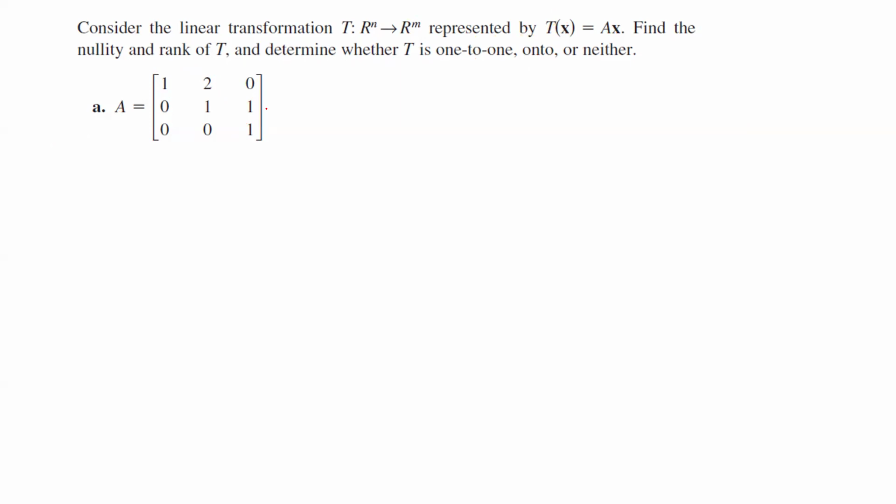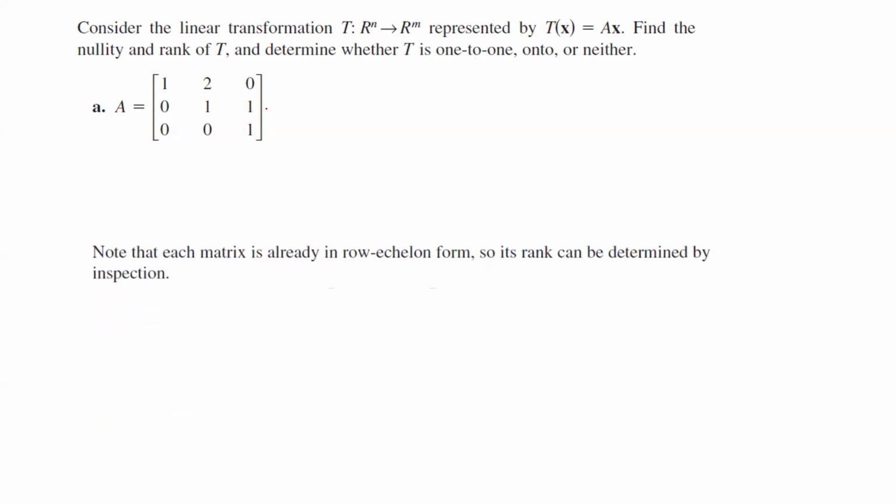So what are we going to do? We're going to analyze each matrix. So this is our very first matrix. The pivot is 1, everything below 1 is 0. Here you have 1, below 1 is 0, and then you have 1 here. So you don't have to write it in reduced form.